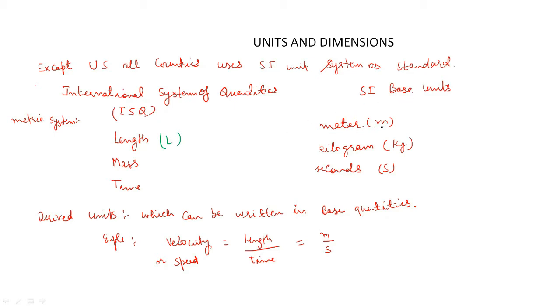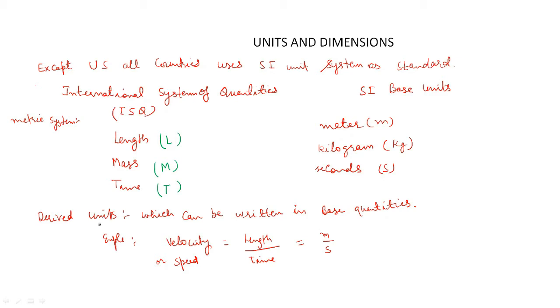It is represented by a small m. Now mass is the other physical quantity. It is represented by capital M and it is measured in kilogram and it is represented by kg. Then time is represented by capital T and it is measured in seconds and is represented by s.